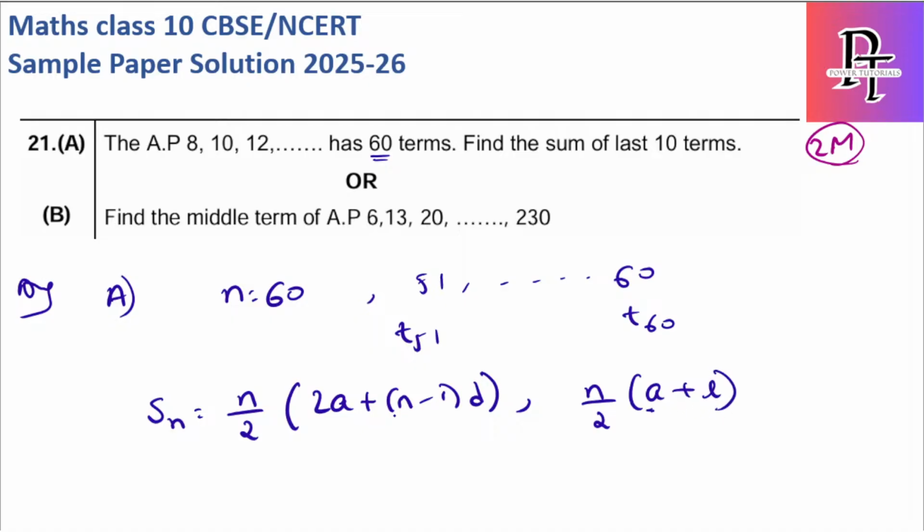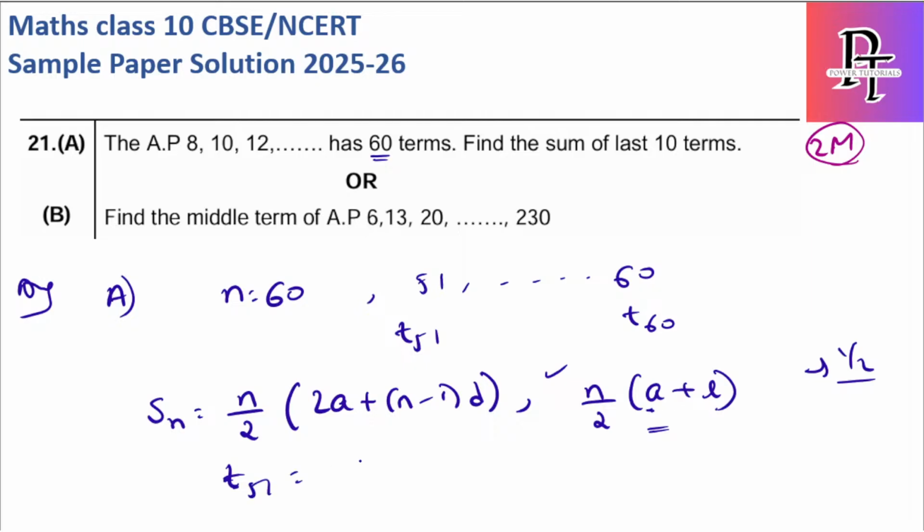If you apply the first method, we have to find d and n, and the calculation will be a little lengthy, whereas this is shorter, because if we know the 51st term and the 60th term, we can directly apply this formula. I'm using the second formula here because the weightage is only 2 marks. This formula will carry at least half mark weightage. So now let's find T51 and T60 and then apply here.